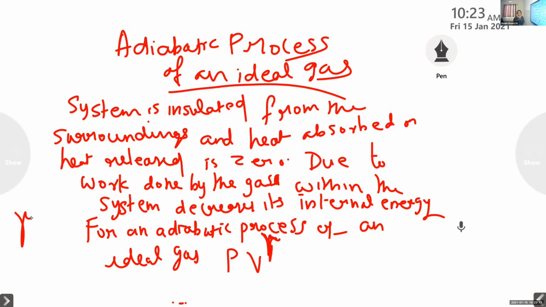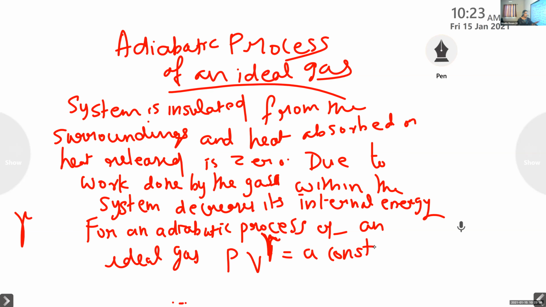Gamma means an extended tail of r. PV^gamma is equal to a constant. So you already know the universal gas equation, the ideal gas equation, PV is equal to RT. But here the volume has some power, I mean it is raised to something. Because of that, we cannot determine what this constant is.